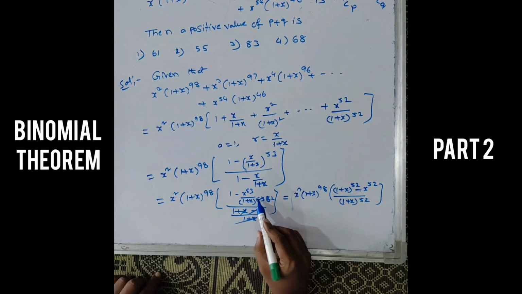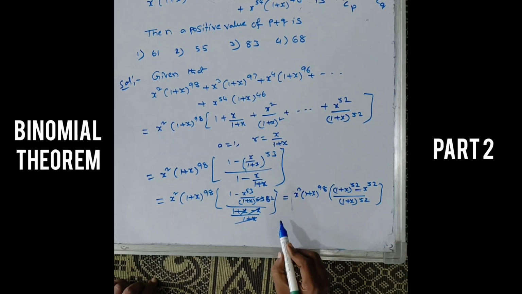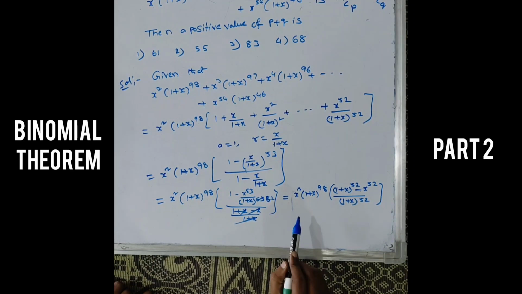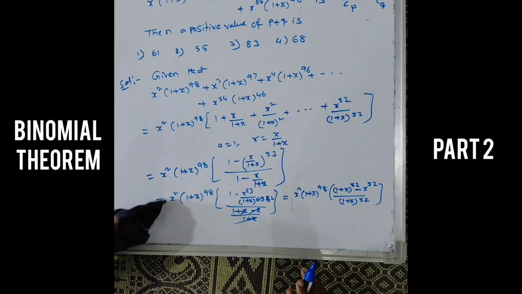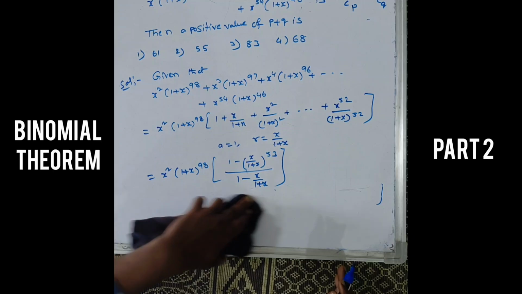Sorry, here 53 having 52. One minute. Right. Okay. Just wait. Last step again, write in this here. Okay.